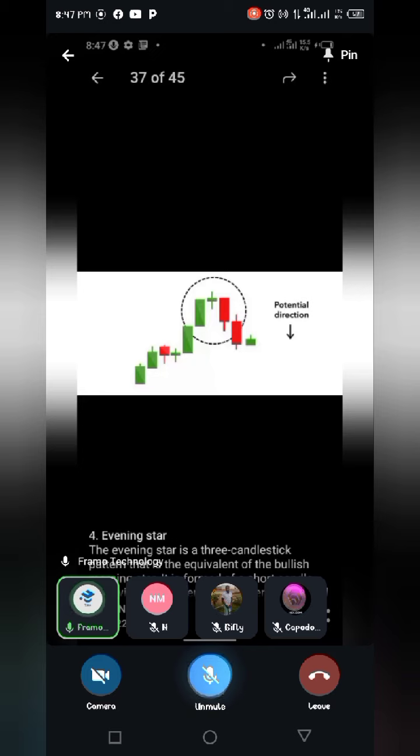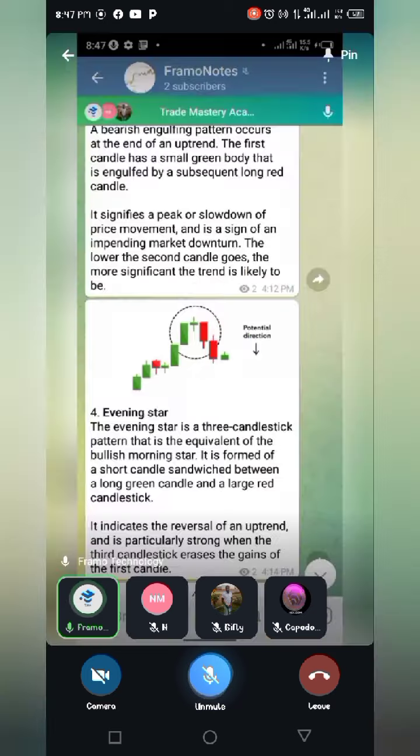Then it will be followed by a big red, forming an inverted U. That is an evening star, opposite of morning star, and it is a bearish pattern. Can we move on?